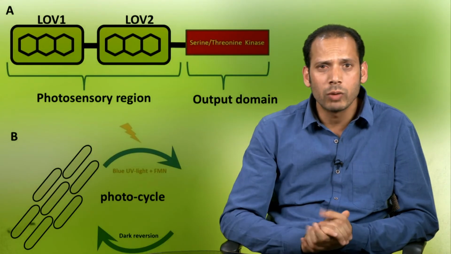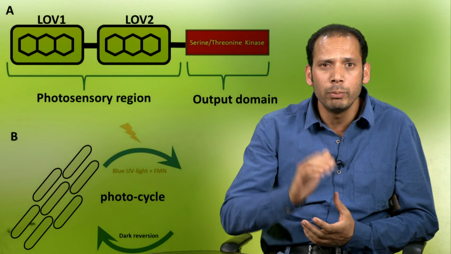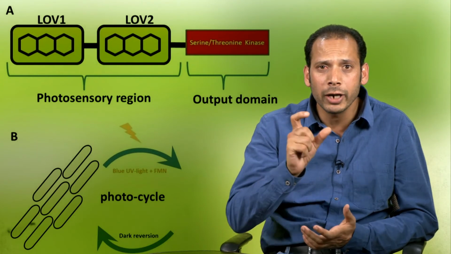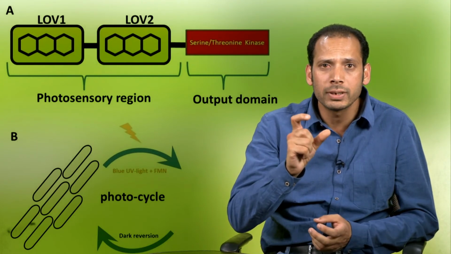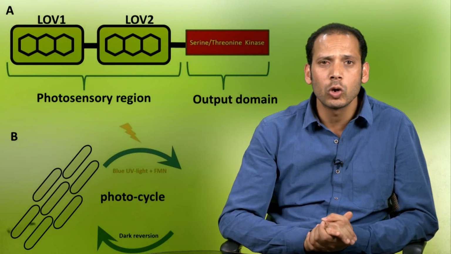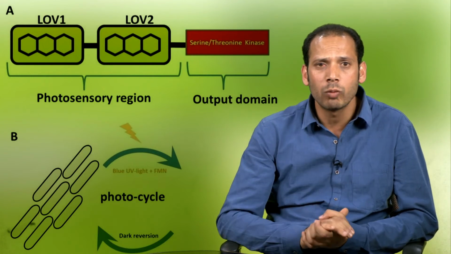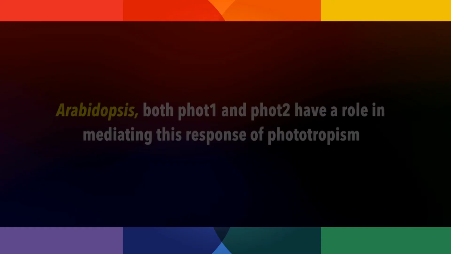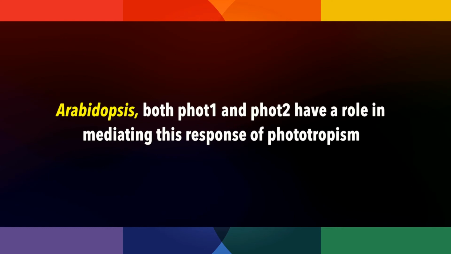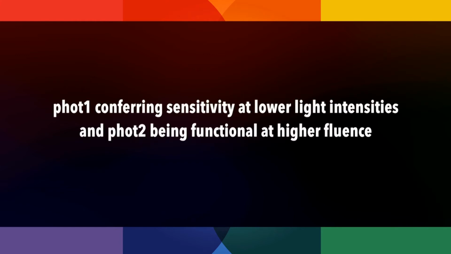The PHOT1 locus was initially identified in a screen for mutant Arabidopsis seedlings defective for hypocotyl phototropism, and as such this physiological response provided inspiration when PHOT nomenclature was rationalized. In Arabidopsis, both phototropin 1 and phototropin 2 have a role in mediating this response of phototropism, with phototropin 1 conferring sensitivity at lower light intensities and phototropin 2 being functional at higher fluence.